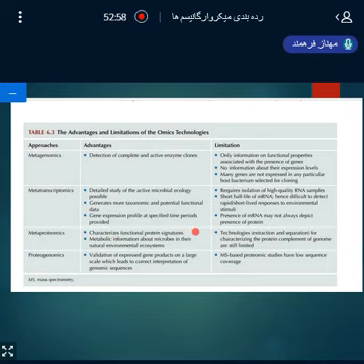Maybe they ask you in which technique we have some problem with extraction and separation. For example, a distinct trait or limitation or an important advantage may be asked as a question. Okay. So you must read carefully. The tables are important for you.